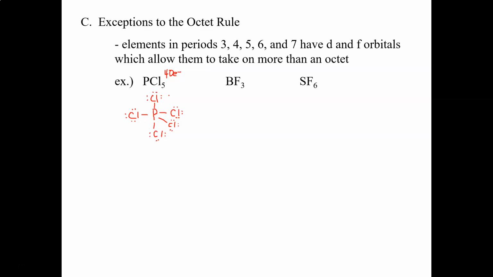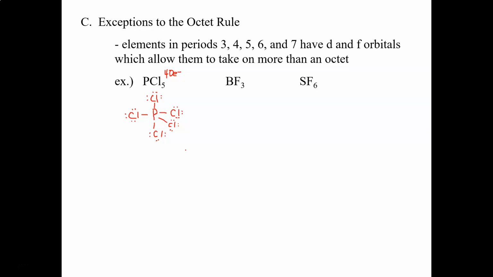So going with that idea that phosphorus can take 10, do we have 40? Well, I have 2, 4, 6 around each of the Cls. So 6 times 5 Cls is 30, plus I have the 10 that comes from the bonds here in the middle, so 30 plus 10 makes 40 electrons. This has got to be the correct structure. Yeah, it looks a little bit weird, right? But it is possible.